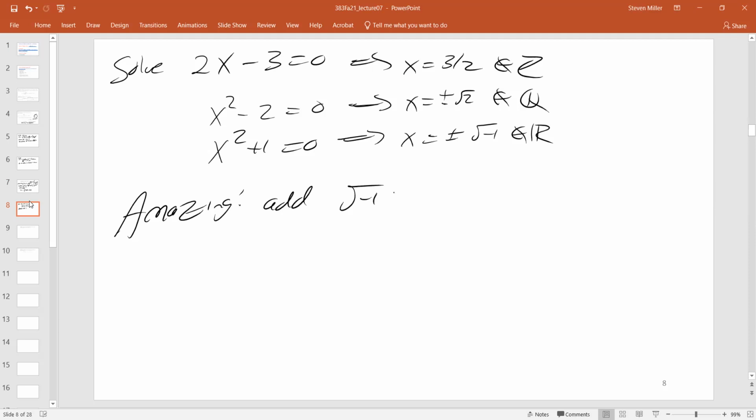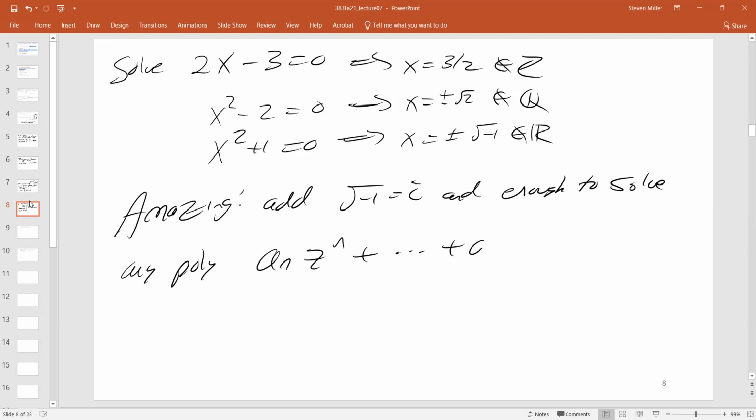Add the square root of negative 1, which is i, and that's enough to solve any polynomial of the form a_n z to the n plus ... plus a_0 equals 0 with the a_j complex numbers. Why didn't I say with the a_i in complex numbers?